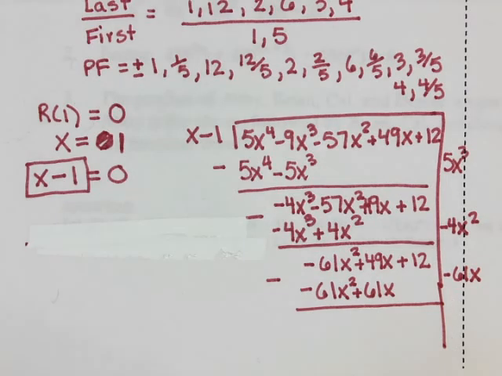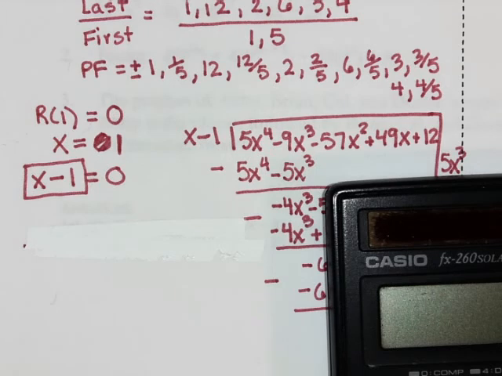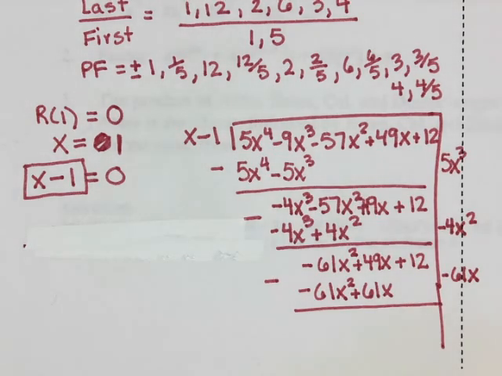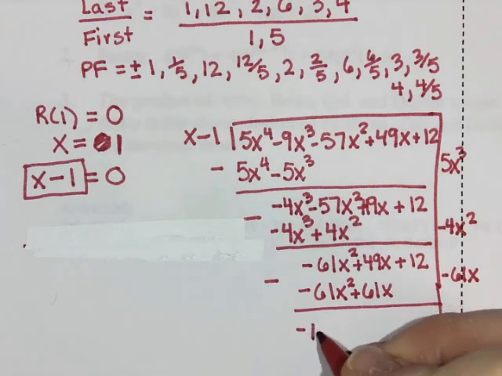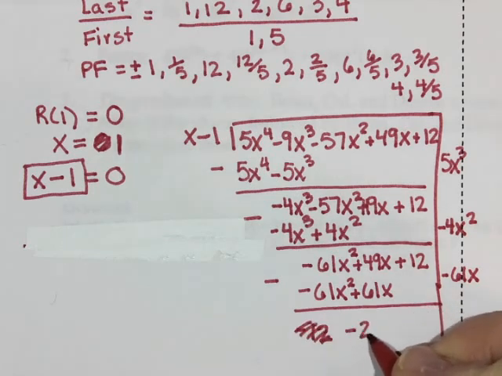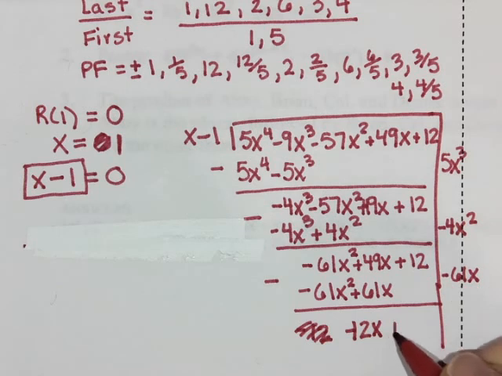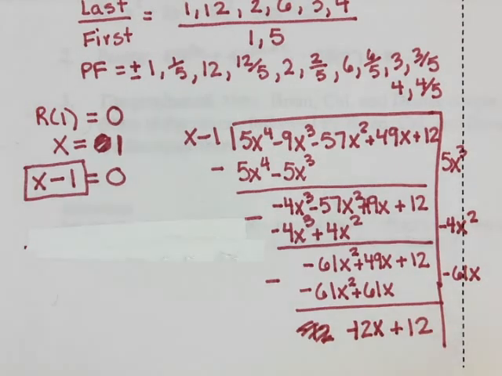Okay, negative 61 minus negative 61 is 0. 49 take away 61 is negative 12x. Oops, I wrote it in the wrong spot. Negative 12x. I forgot the 1. This is terrible. And then 12 take away 0 is 12. So I have negative 12x plus 12.